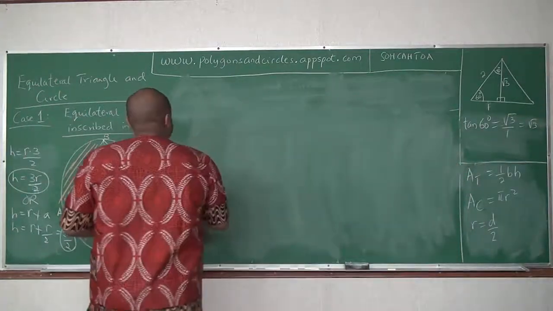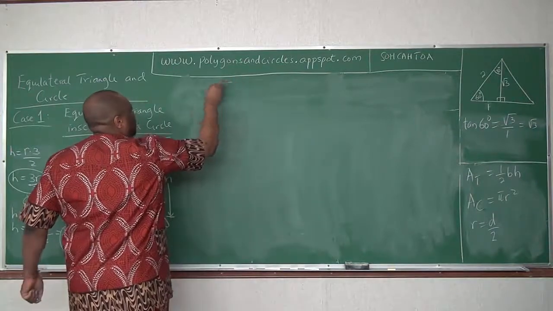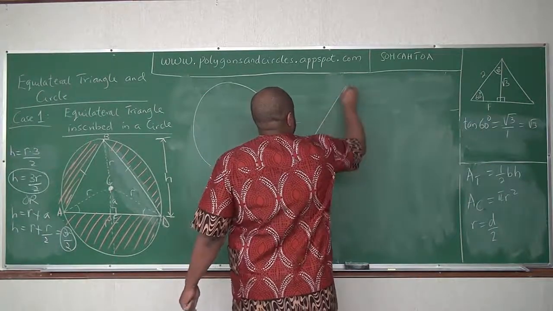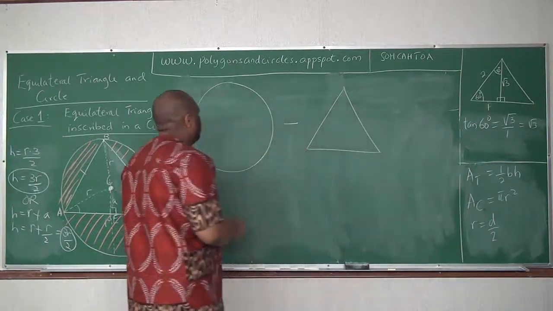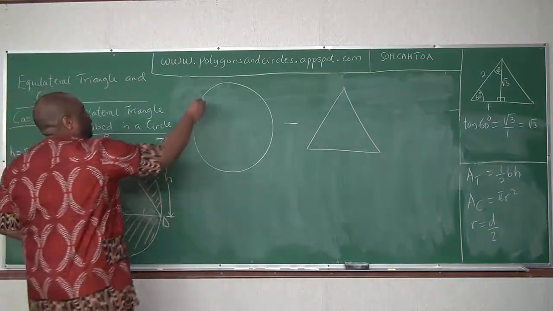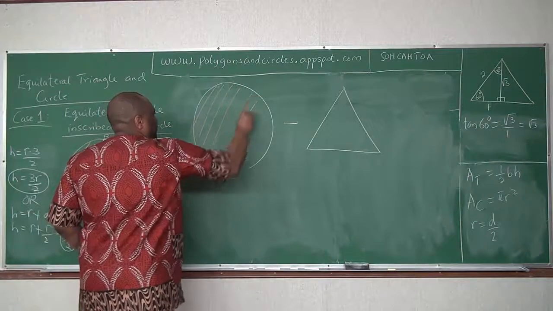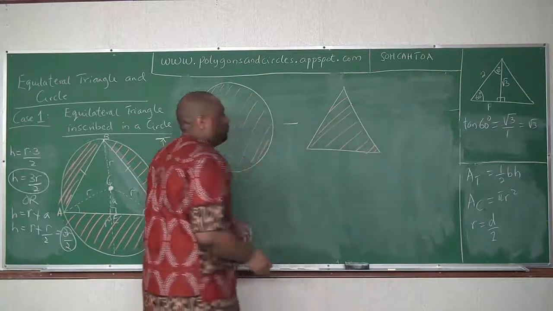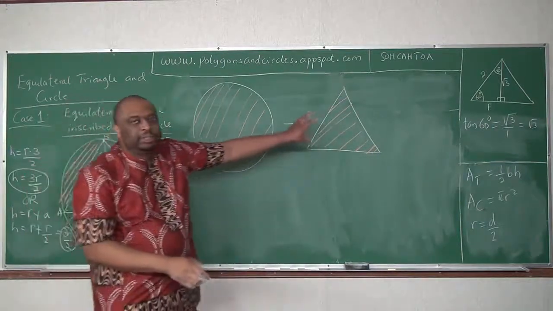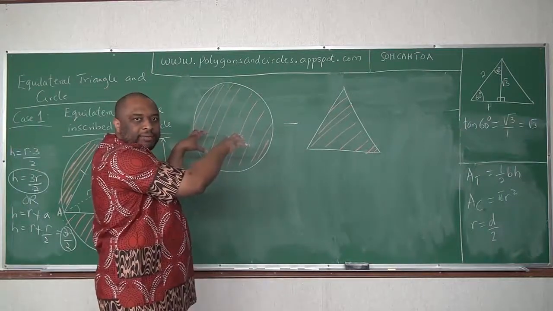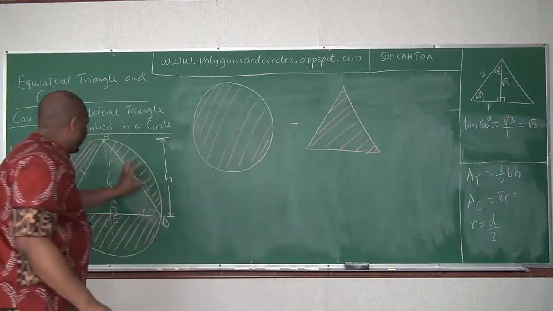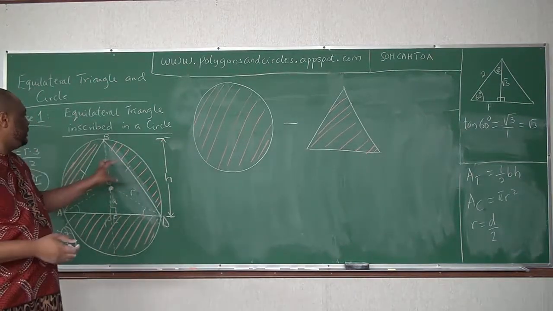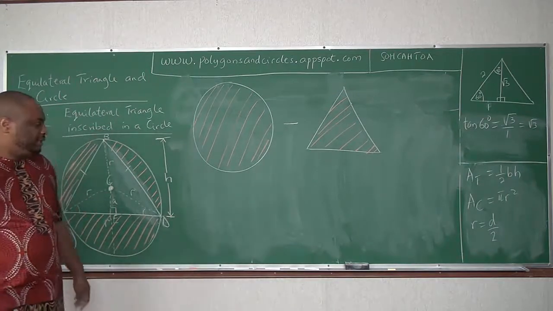You have this circle minus the triangle, because that is the area of the whole circle minus the area of the triangle. So you want to imagine that you put this triangle in the circle. So this remaining area is the area of the circle minus the area of the triangle.